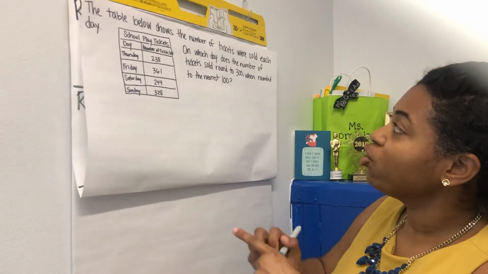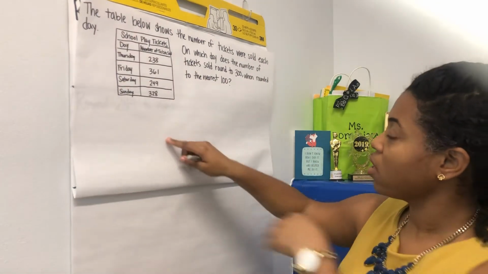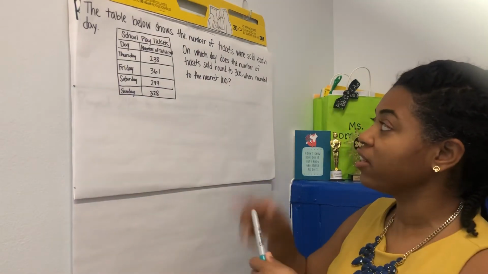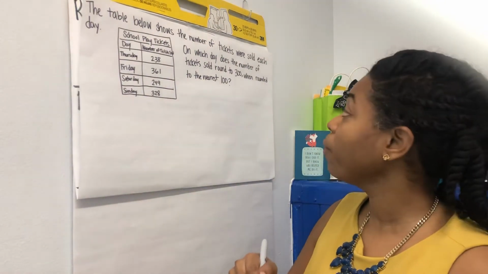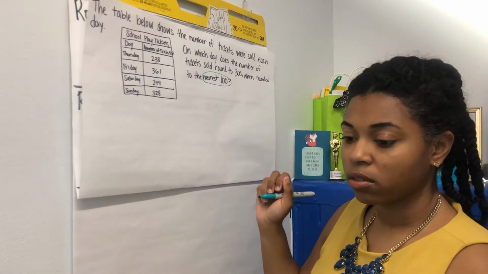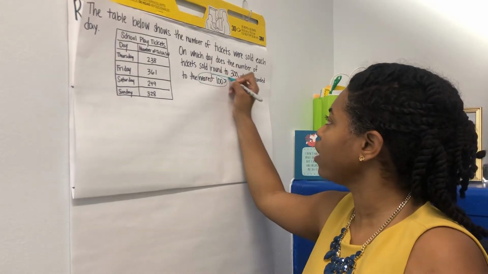The table below shows the number of school play tickets sold each day. On which day does the number of tickets sold round to 300 when rounding to the nearest 100? What place value am I rounding to? The nearest 100. It has to round to 300.